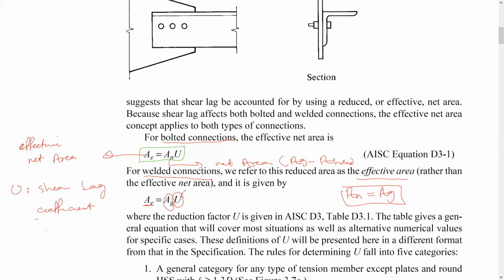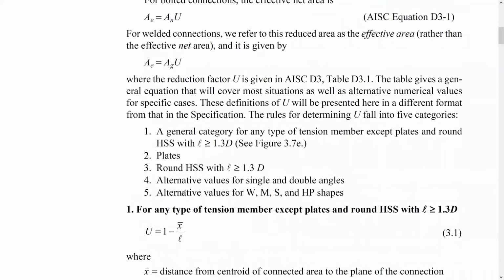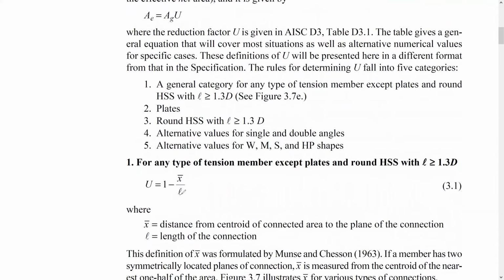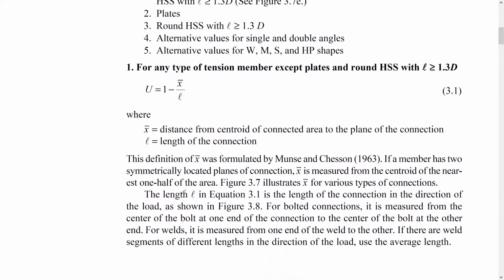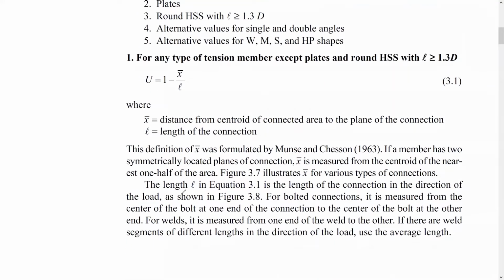Okay, let's move down and see how we find the shear lag coefficient for any type of tension members, except the plates and round HSS with L greater than or equal to 1.3D. هون بنحكي عن cases. دائما shear lag coefficient is equal to 1 minus X bar divided by L. X bar is the distance from the centroid of the connected area to the plane of connection.